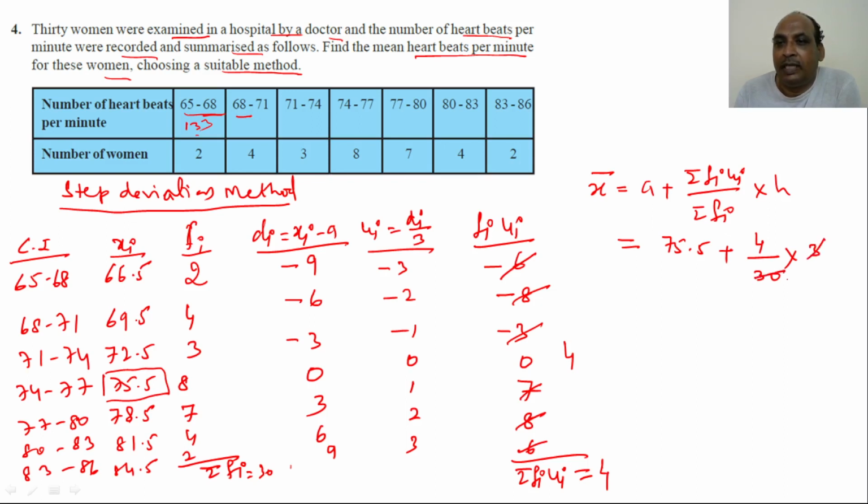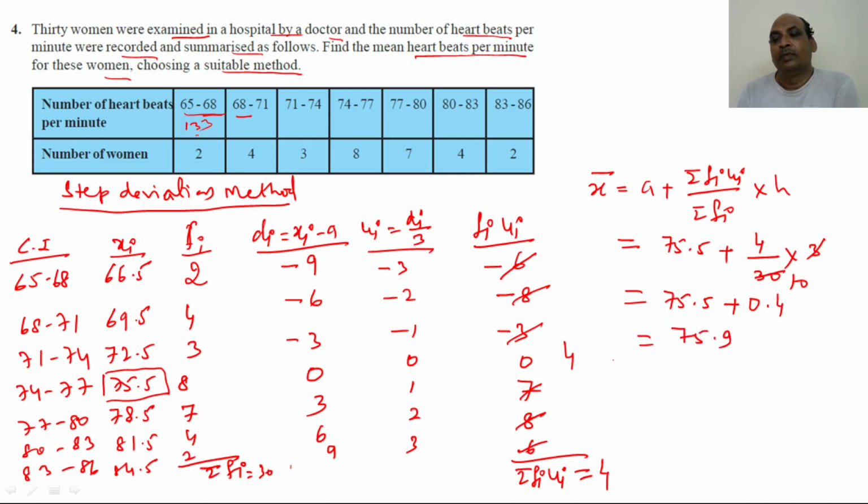So the 3 will cancel and it becomes 10, giving 75.5 plus 4 divided by 10. So it is 0.4. So this has become 75.9. So the assumed mean method and the step deviation method are both utilized here. So the mean has come as 75.9.